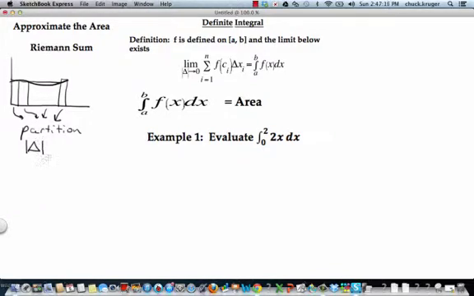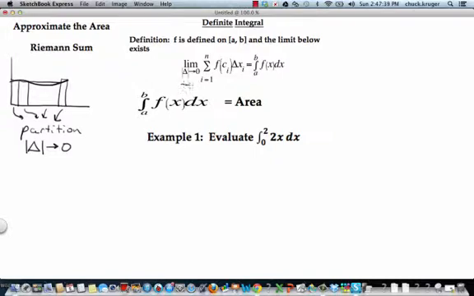That's the symbol of a partition. And the rectangles that we've been doing before have been of equal length, but they don't have to be. And as you partition that function into more and more rectangles, the lengths of those partitions are heading to 0.